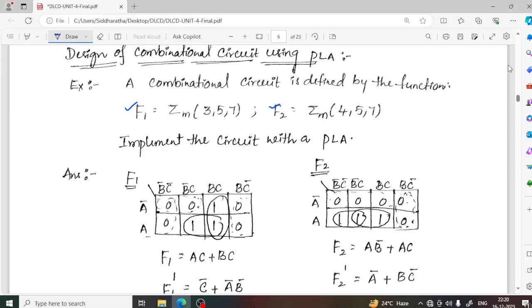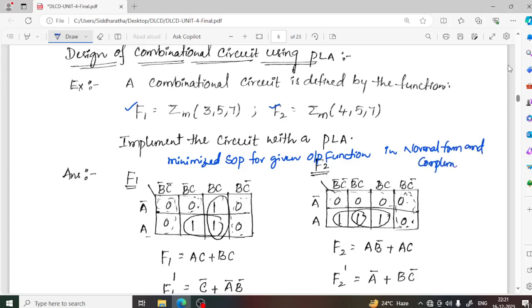Get the minimized SOP for the given output functions in normal form and complement form. That is the first step.